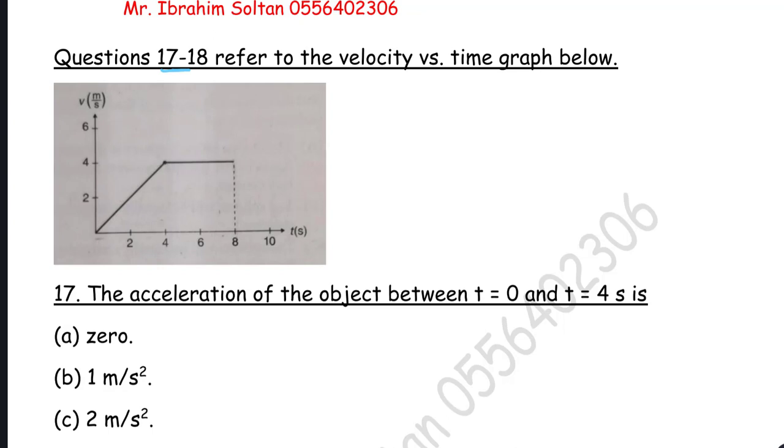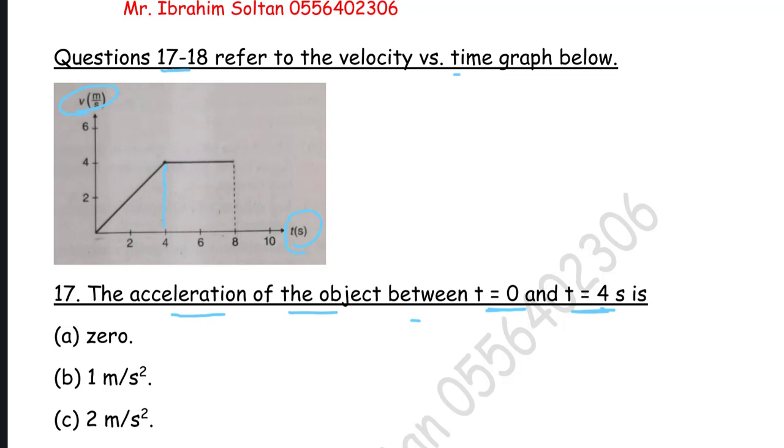Questions 17, 18 refer to the velocity versus time graph below. The acceleration of the object between t equals 0 and t equals 4. As you see here, it is a graph between speed or velocity in meter per second and time in second. Okay? As you see, the slope is acceleration, right?